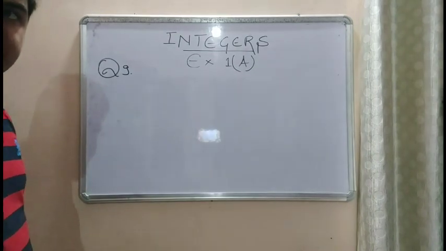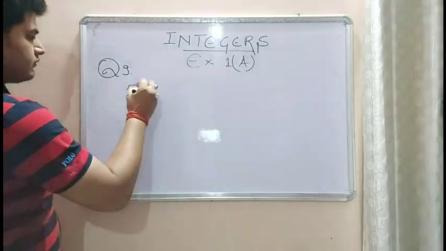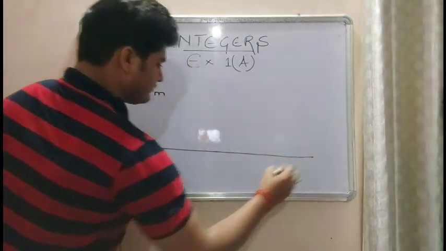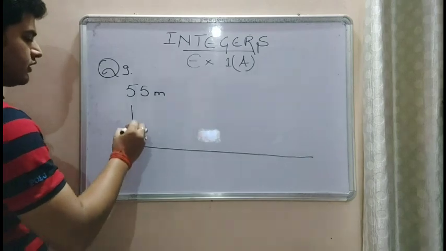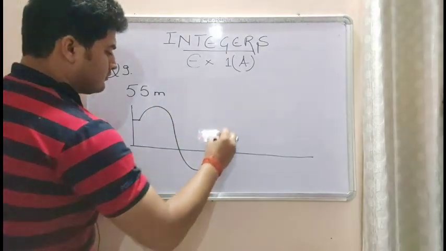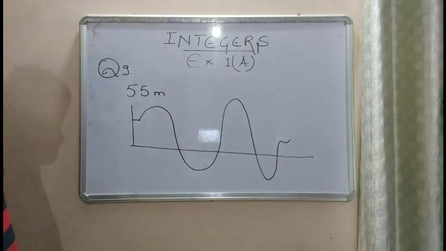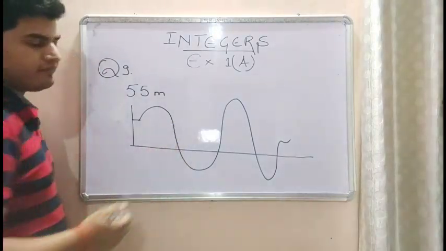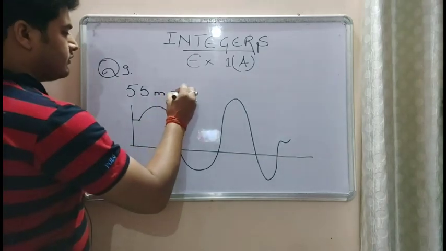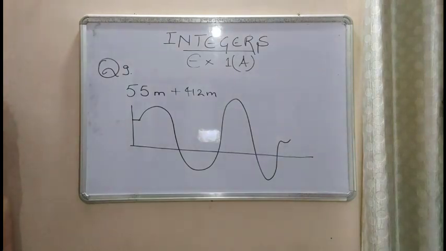So the journey started 55 meters above the sea level. Now this is the sea level, this is the roller coaster, and the journey started like this. So different heights were being achieved. At the 55 meter height it started. Then the height changed to 412 meters.